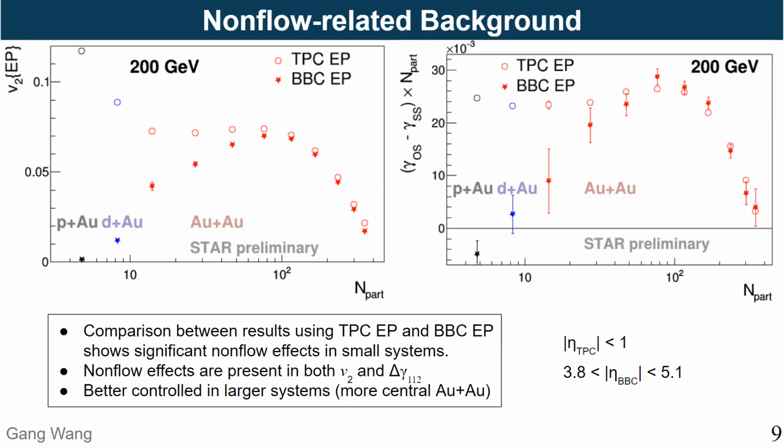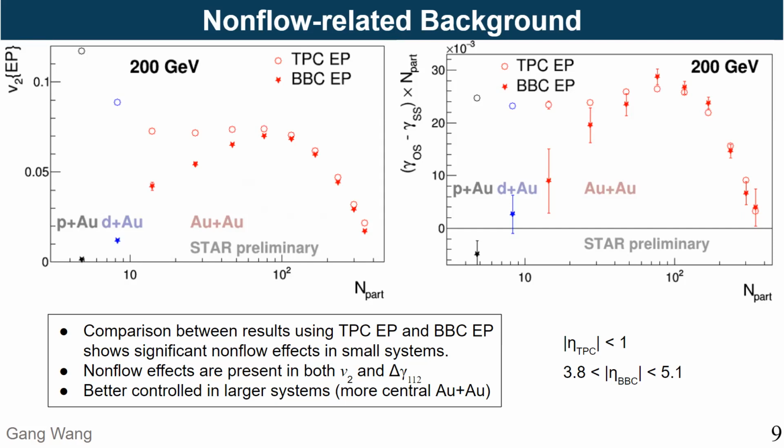We do not expect any CME in such a system, because even if you have a magnetic field, its direction is decoupled from the reaction plane or the event plane. They are random to each other, so you should not see anything. However, if you use TPC, you see a large signal. So this also represents non-flow effect.